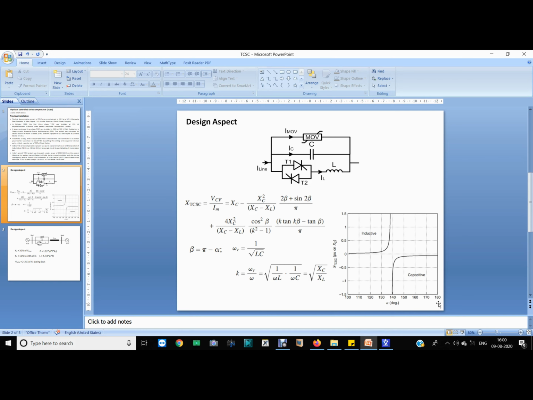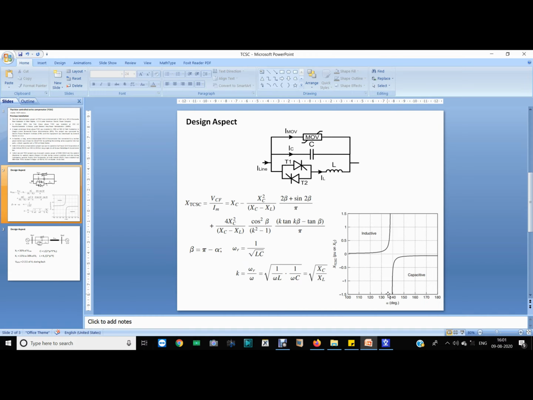This is a very good book, and we find that the TCSC will operate at firing angle from 90 degree to 180 degree. So if we plot the values, whatever the values of XC and XL, we will get this impedance characteristics, like this.